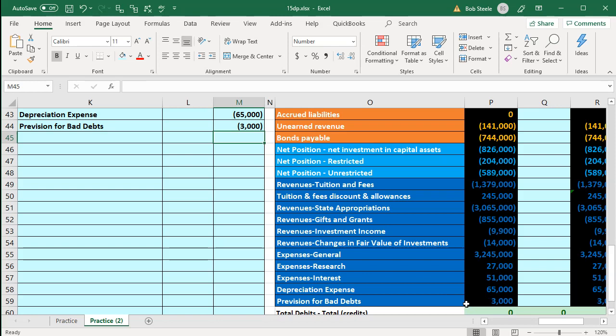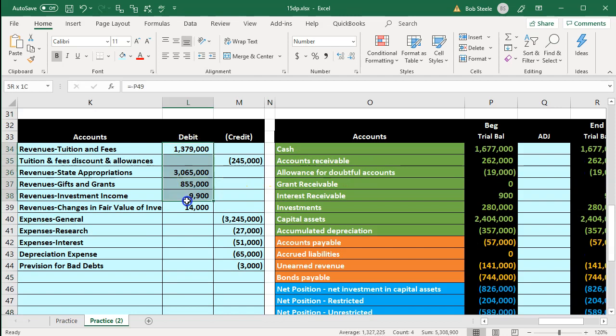Okay, so now the difference of all this is going to go into the net position. We're going to put it first into the net position unrestricted, then go back in and adjust for the restrictions related to capital assets and just restricted. So we can see here that we need a credit because the debits now add up to 5,322,900. The credits add up to 3,636,000, and therefore we need another credit.